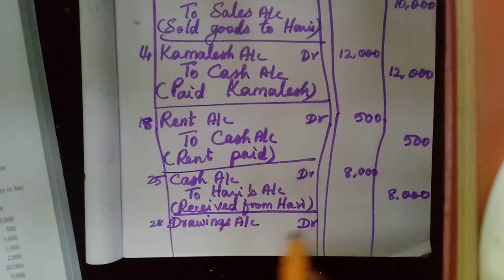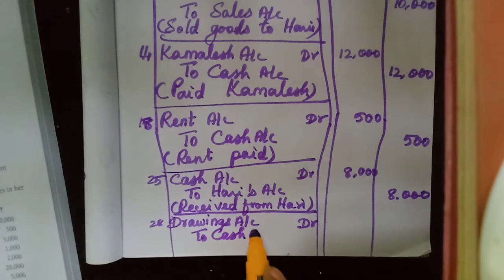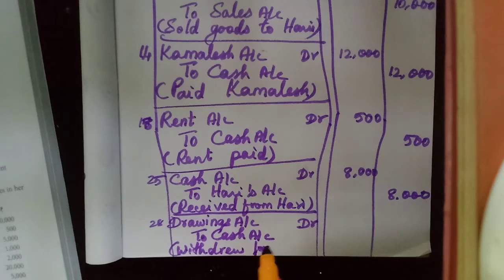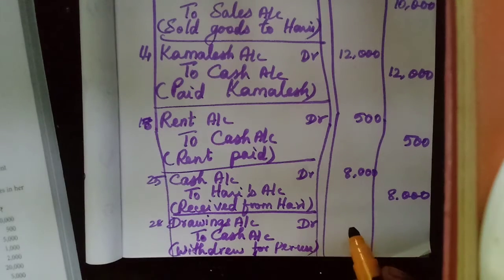Drawings account debit, to cash. What is going outside? Cash. Withdrew for personal use. 4,000.